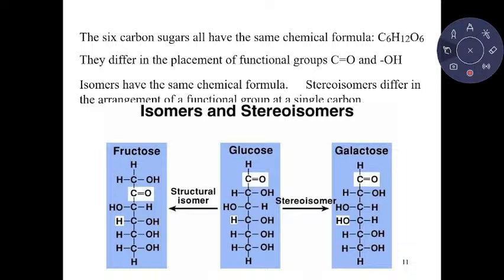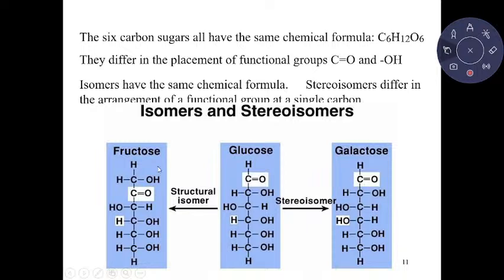Okay, isomers have the same chemical formula. What are isomers? What are stereoisomers? We need to know. Isomers have the same chemical formula, and stereoisomers differ in arrangement: the arrangement of a functional group at a single carbon will be different.